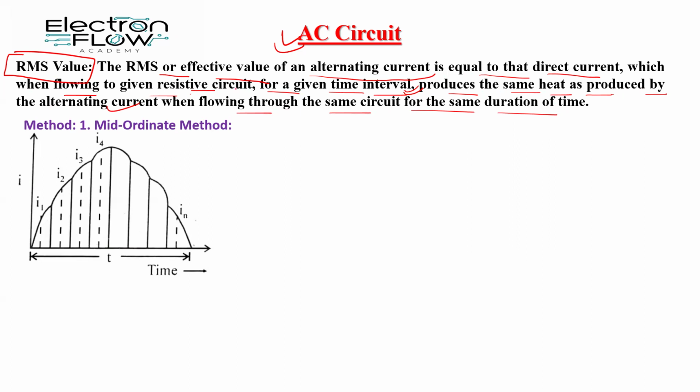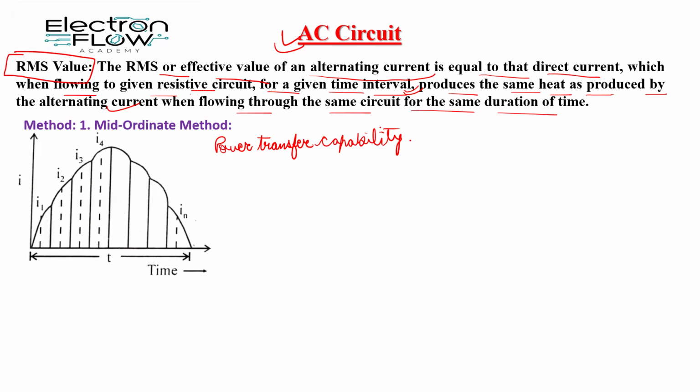of an AC voltage or current depends upon the RMS value. So the significance of the RMS value is the power transfer capability, which depends on the RMS value of the current and the voltage.